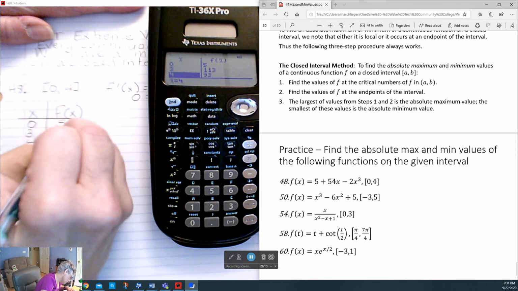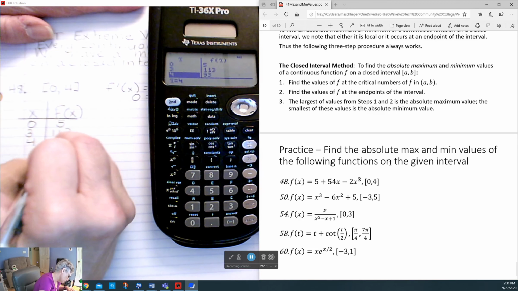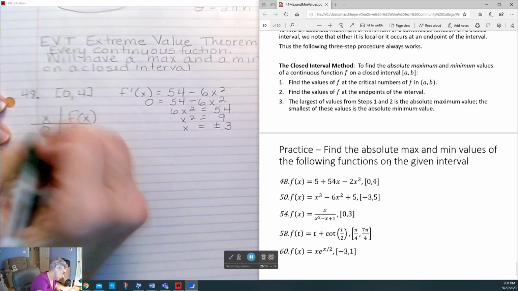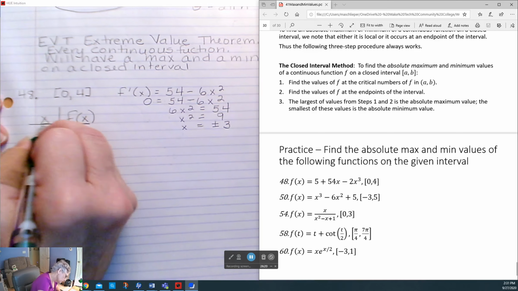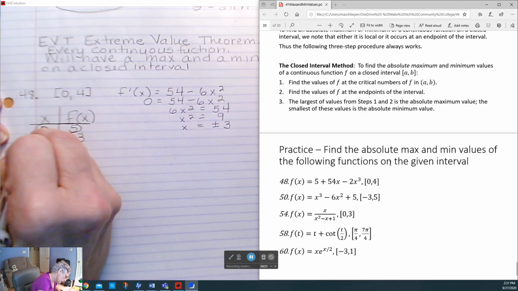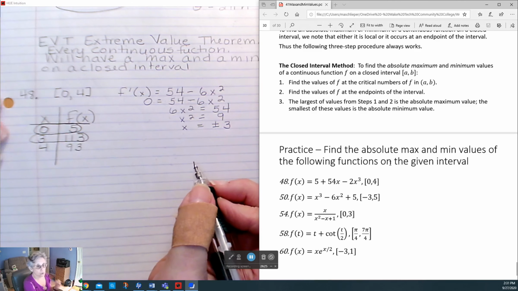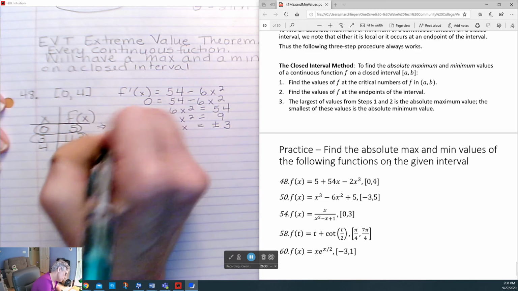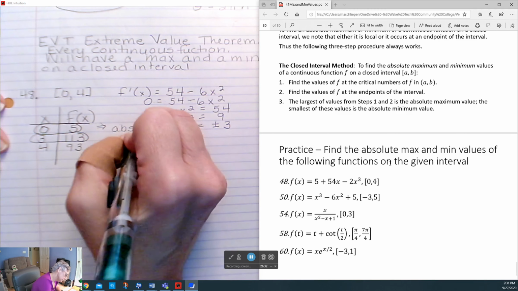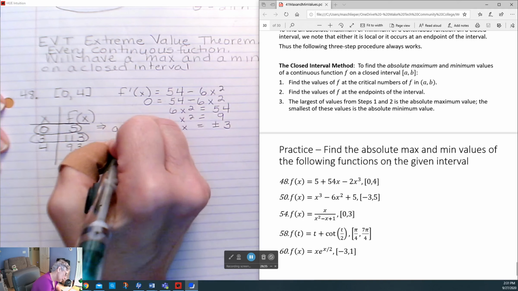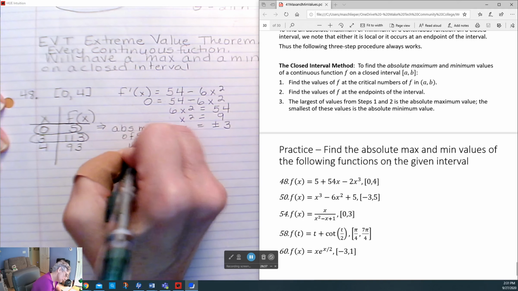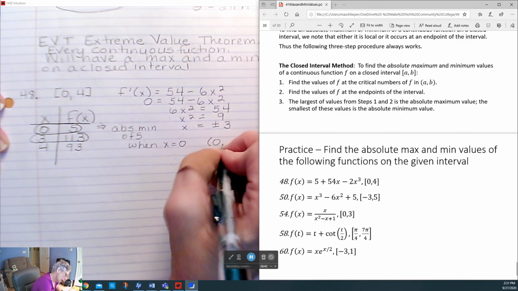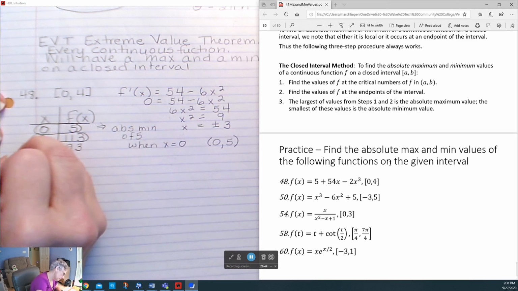5, 113, and 93. So I choose the smallest and the biggest y or f of x value. So it has an absolute min of 5 when x equals 0, or at the ordered pair 0, 5.